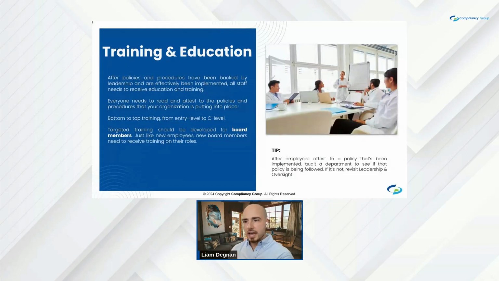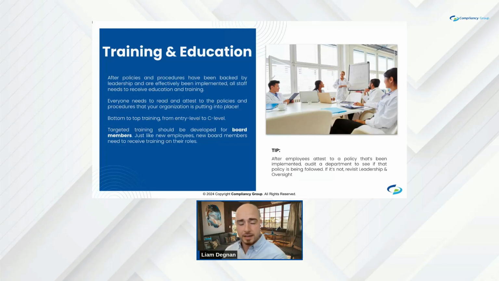So when you actually have policies that have been implemented, really the next step is making sure that everybody's being trained and educated not only on those policies, but that they're receiving compliance training just in general, right? And there should be maybe targeted training depending on roles, right?